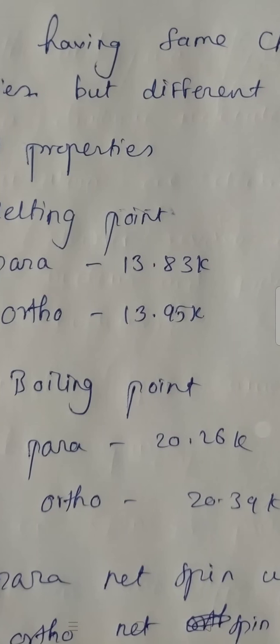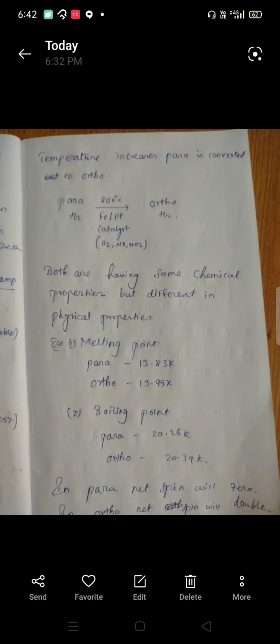In orthohydrogen, the resultant spin will be double, because all the spins of the protons are oriented in the same direction. I hope you understand this.